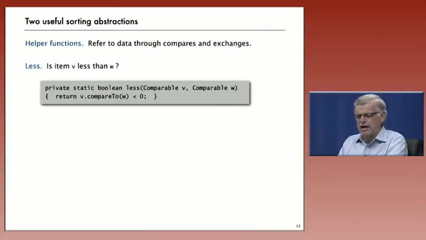And the way we do that is to take the 2 primary operations, compares and exchanges, that we use to refer to data, and encapsulate them just as static methods. So we're going to use a method less that takes 2 comparable objects as arguments, and it just returns v.compareTo(w) less than 0.